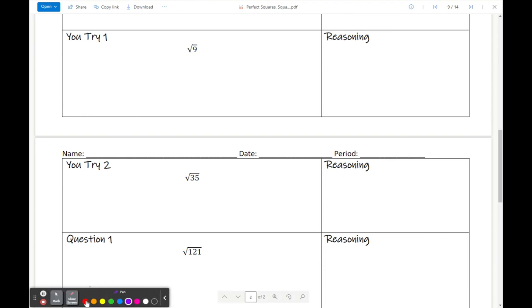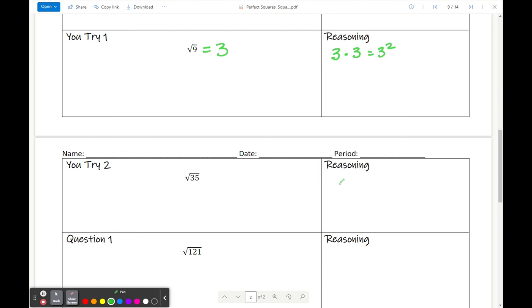And we're back. How did you do? All right, so let's see. Did you recognize that 9 is 3 times 3, or 3 squared? 3 squared is 9, so the square root of 9 is equal to 3. And did you recognize that 35 doesn't have a square root that is precise?